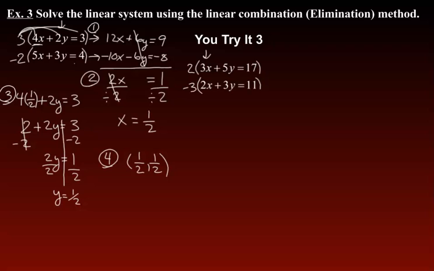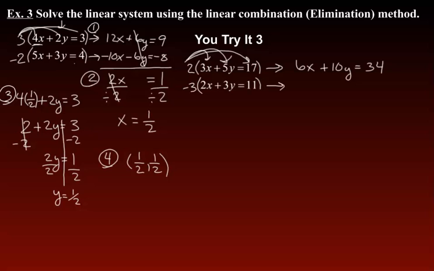Again, it doesn't matter. You could have made 2 negative, you'll get the same answer. So if I multiply 2 times 3x, I get 6x. I take 2 times 5y, I get 10y. And then I take 2 times 17, which is 34.